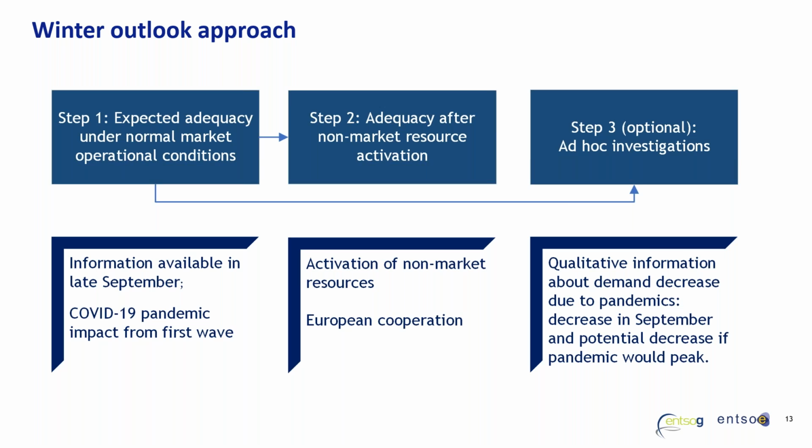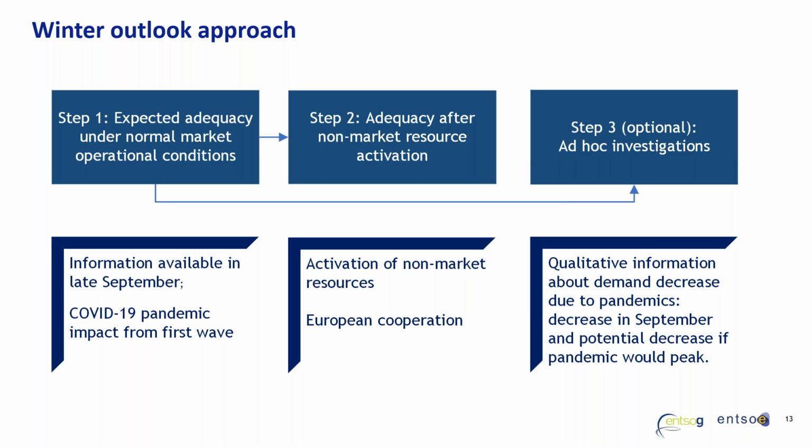So in this case, we collect all the best information we have at that point in time, and we perform the adequacy assessment, during which we try to identify what the risks are if there would be scarcity in the electricity market. Then from that point, once we have the results, we move to step two.